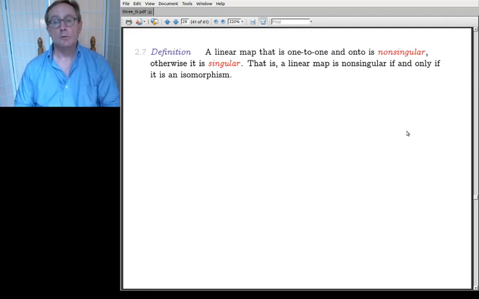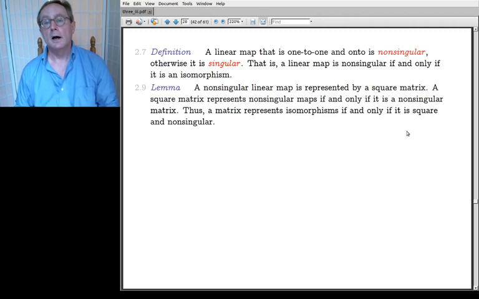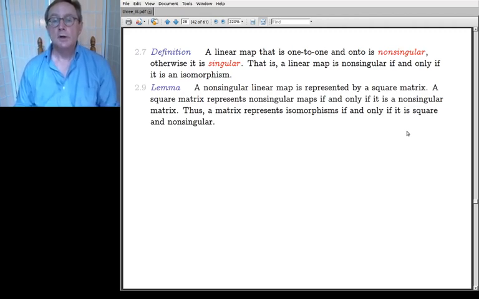A linear map that's one-to-one and onto is non-singular. You'll remember that we used the word non-singular at the very beginning of the course, and of course there's a connection here. We're going to make the connection right now. A linear map that's one-to-one and onto is non-singular, otherwise you call it singular. That is, a linear map is non-singular if and only if it's an isomorphism. And a non-singular linear map is represented by a square matrix.